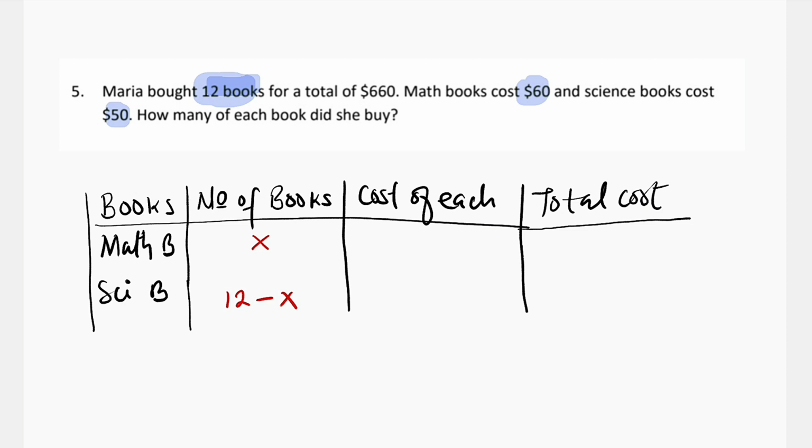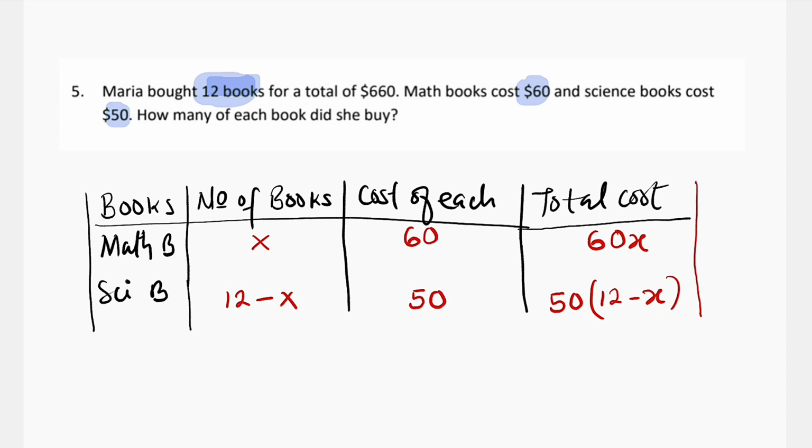From the question, each math book costs $60, so let me write 60 here. Forget about the unit; in the end, we can bring it back. Each science book costs 50. To find the total cost of all the math books, we multiply x by 60, so we have 60x. For the total cost of all the science books, we have 50 multiplied by 12 minus x, because 12 minus x is the number of science books.